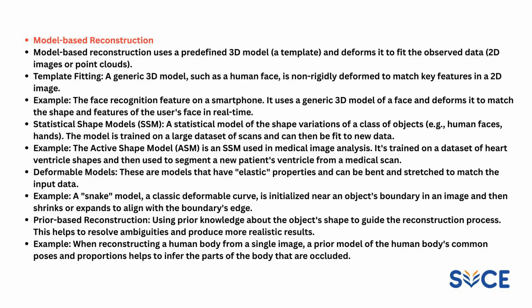With deformable models, we let shapes flex and stretch to fit. With priors, we use common sense to guess the hidden parts. The beauty of this approach is it saves time, reduces ambiguity, and often gives more realistic results.